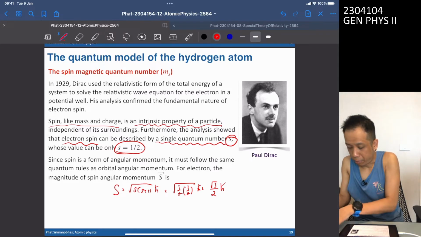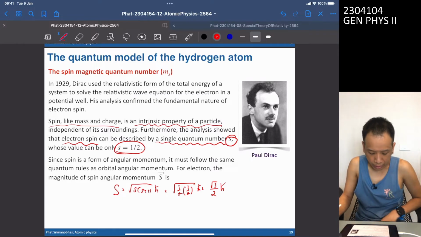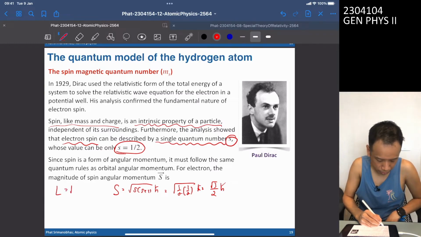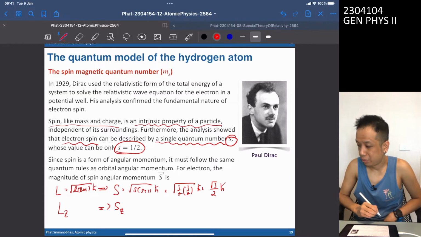So this is the magnitude of the spin angular momentum, compared to L, the magnitude of the orbital angular momentum. And what we have apart from this is the quantization, right? So the spin also has quantization.